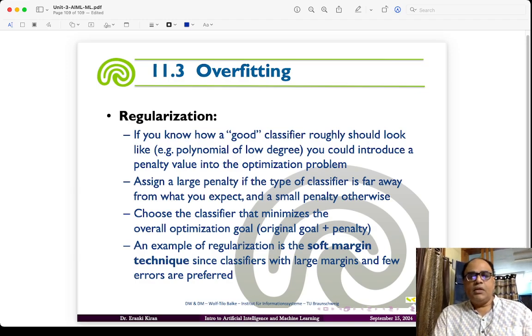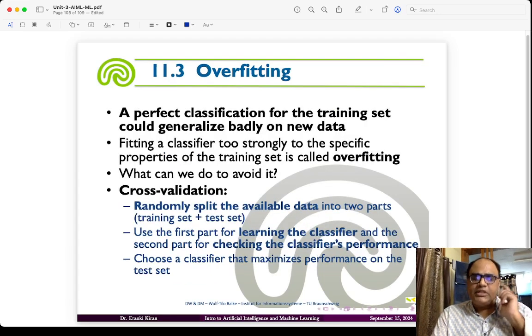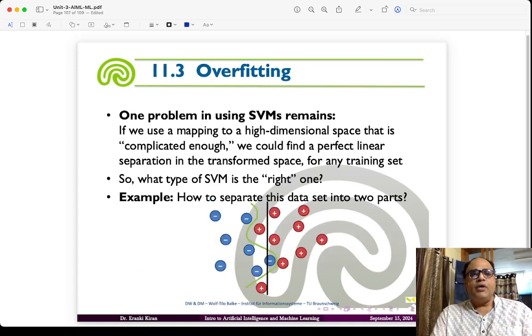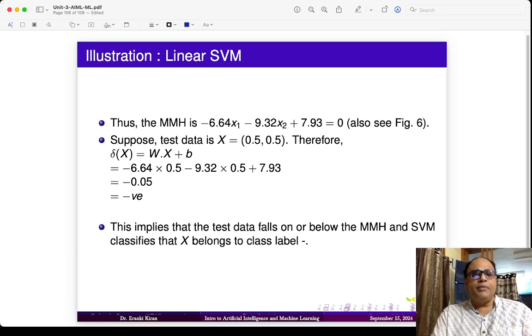With this I come to the end of this presentation. We have discussed SVM and its implementation details, the hyperplane, and a problem on the linear SVM.